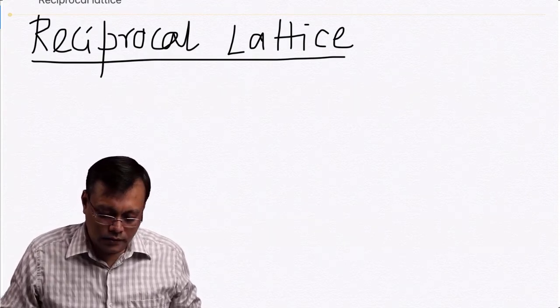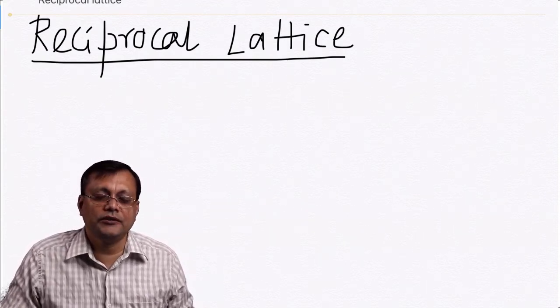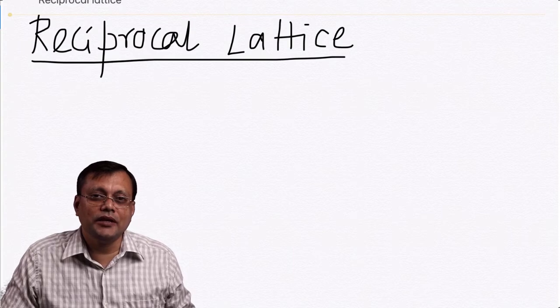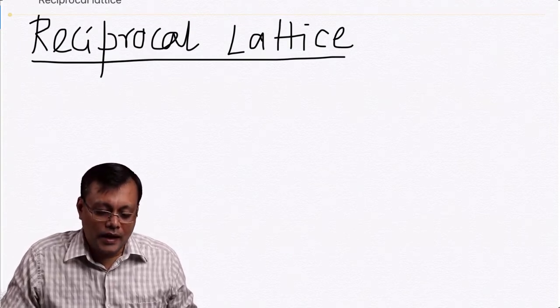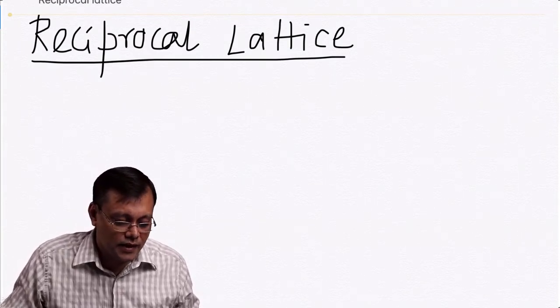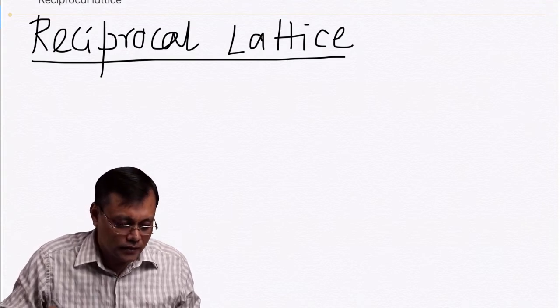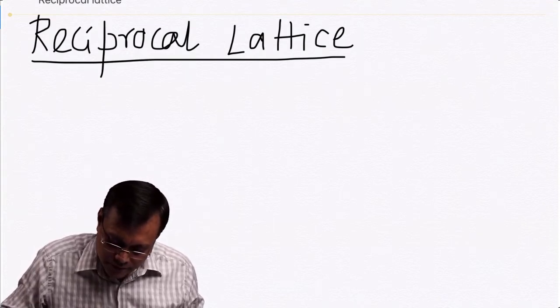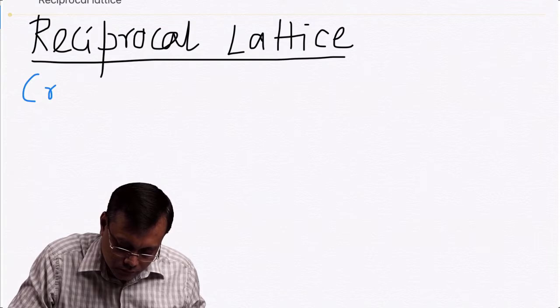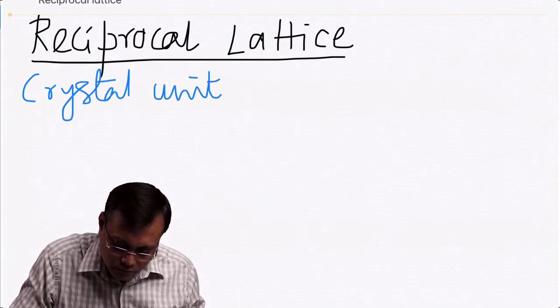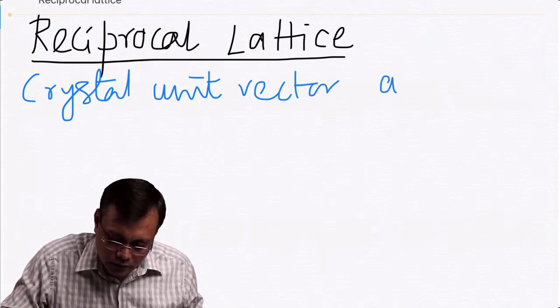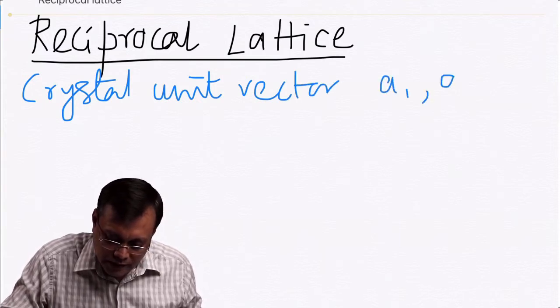So, a crystal could be defined with some unit vectors, and these vectors are known as the crystal unit vectors, which are represented by A1, A2 and A3.